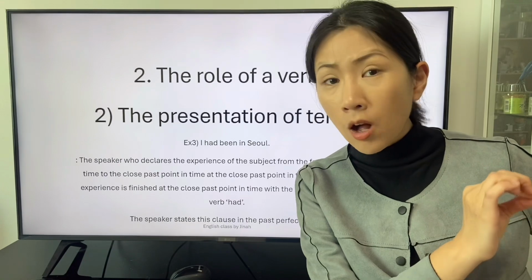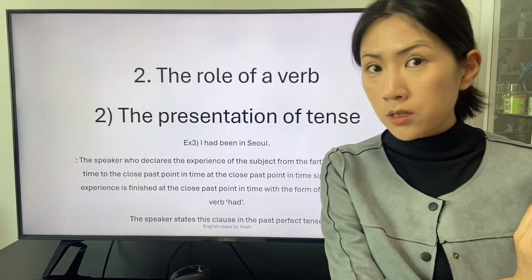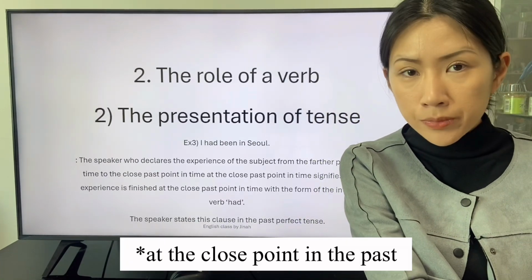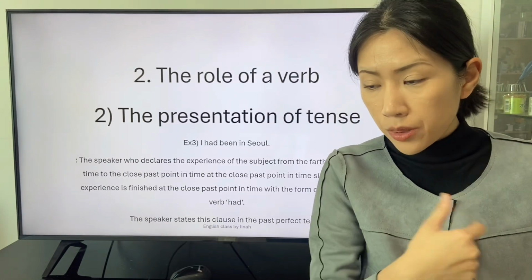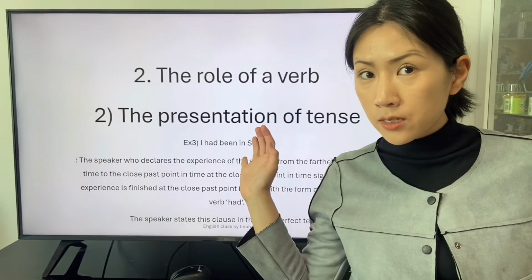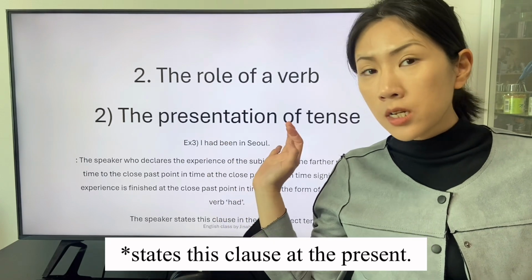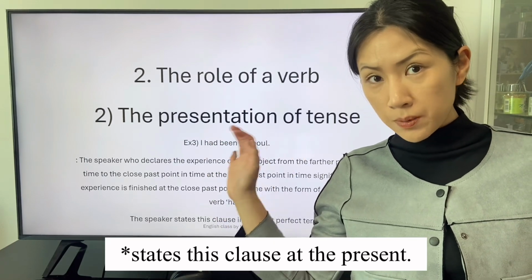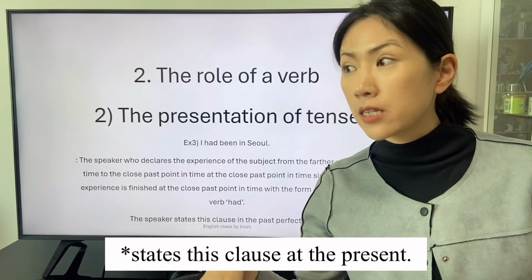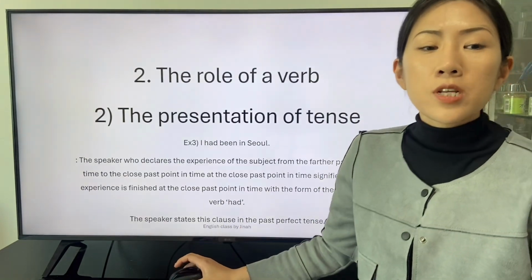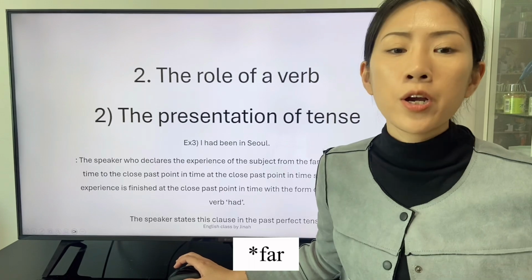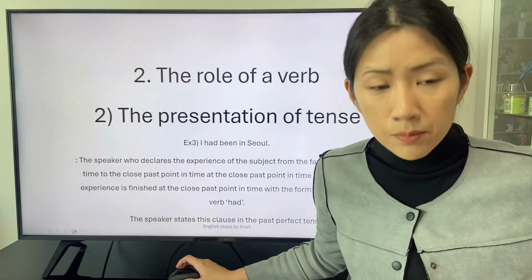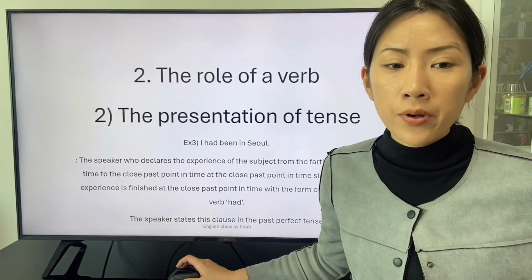So the completion of the experience of the speaker has the gap with the point in time that the speaker declares the experience of the subject from the past point in time to the close past point in time.